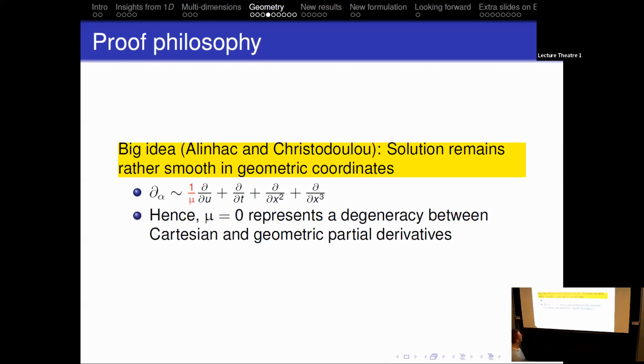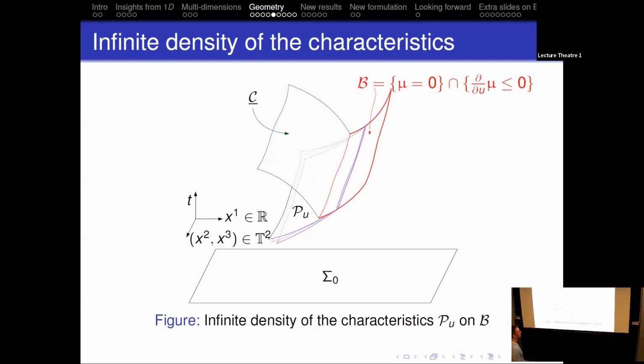Okay. All right. And so here's just a picture of the characteristics achieving infinite density along a portion of the level set mu equals 0. It turns out that in this language, one can exactly characterize the physically relevant portion of the singular boundary. The physically relevant portion corresponds to the subset of the level set mu equals 0 where the u derivative of mu is non-negative.